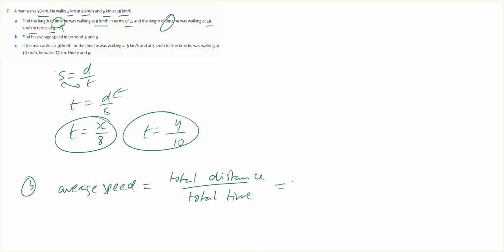The total distance is 70 because that's the length of the whole journey. The total time taken is simply the addition of these two times, because this is the time it takes to travel at 8 kilometers per hour, and this is the time it takes to travel at 10 kilometers per hour. If you add them together, that's the total time, so it'll be x on 8 plus y over 10.